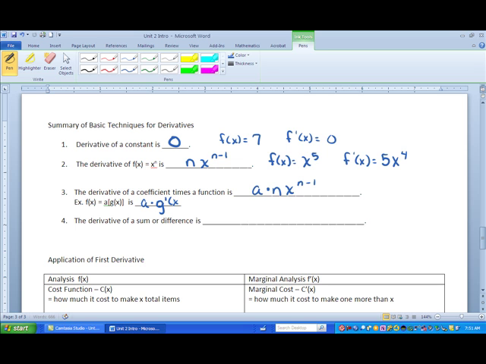Take the derivative of your function, but then multiply it by what's out in front. For example, if we take the same function we just had, but we put a 3 in front of it, then the derivative of that is simply 3 times the derivative of x to the 5th, which is 15x to the 4th.